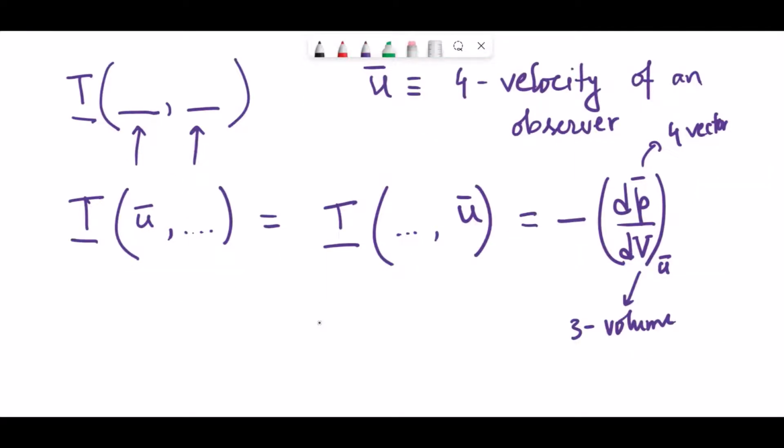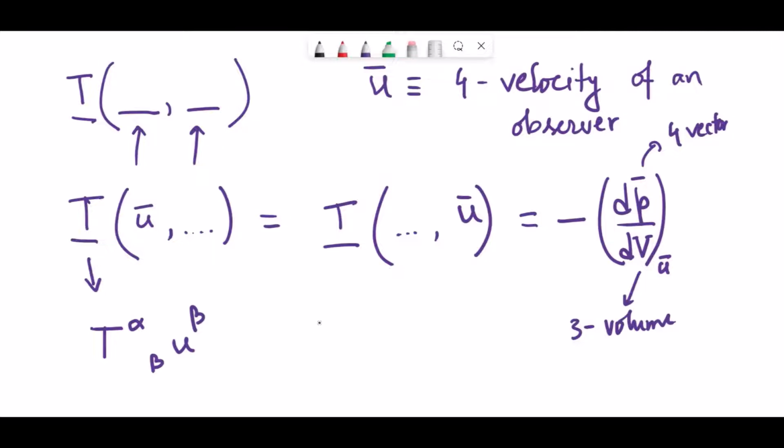We can also write this in the component form. So in terms of the components, I would write it as T alpha beta U beta.